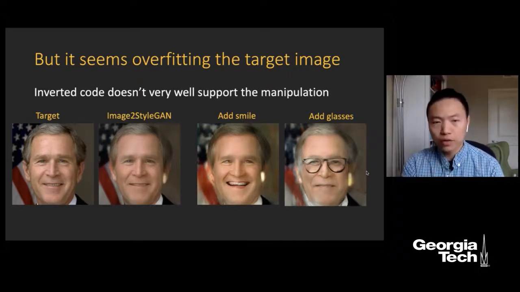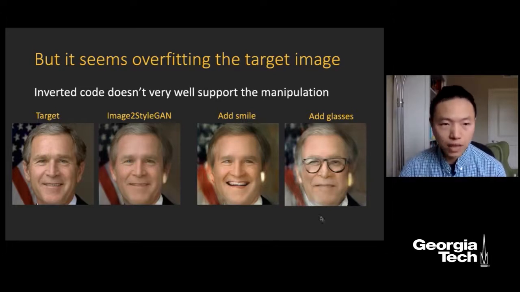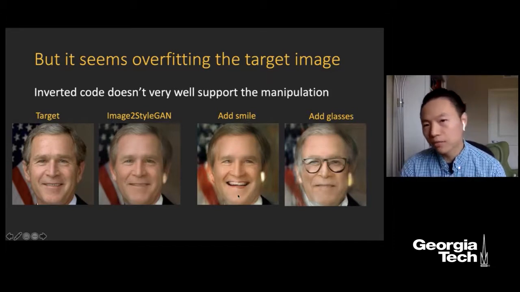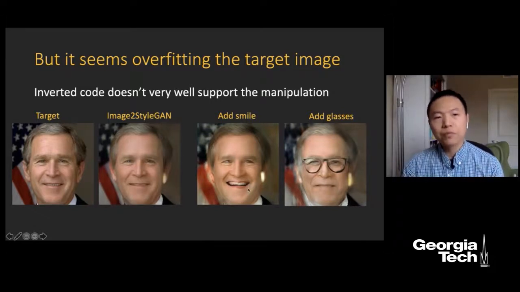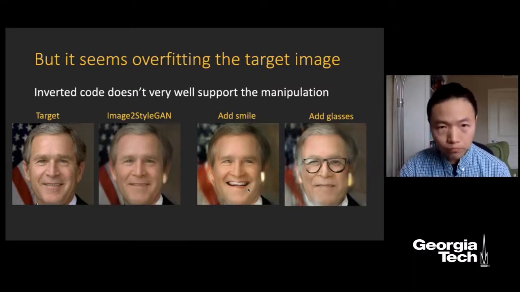After we invert the latent code and add some boundaries on top of the latent codes, we cannot achieve realistic manipulation. So here are some examples. We have a reconstructed face, then we add some smile vectors or glasses vectors. The quality is really bad, which means the inverted code doesn't support this manipulation very well.